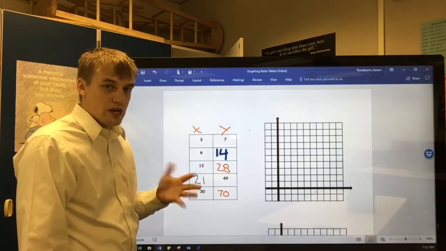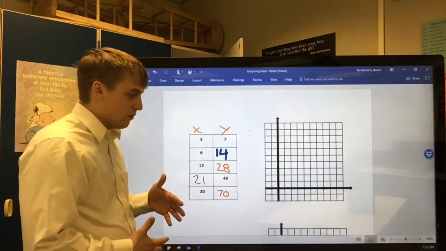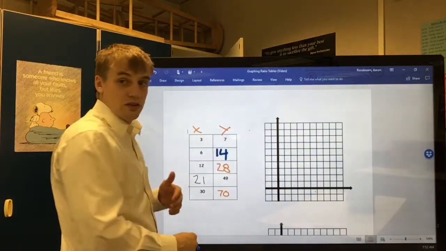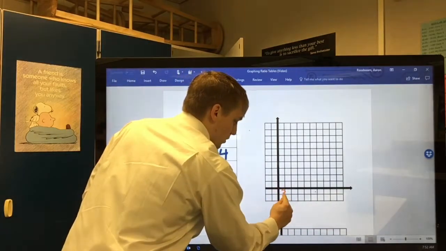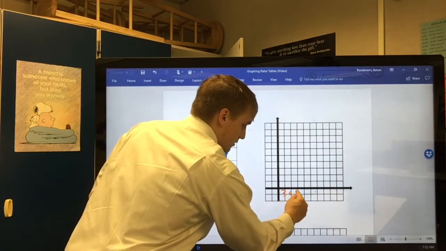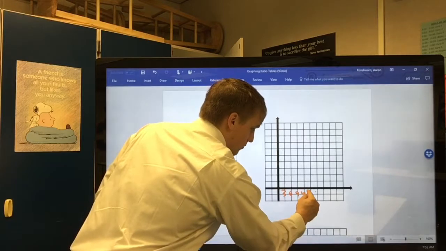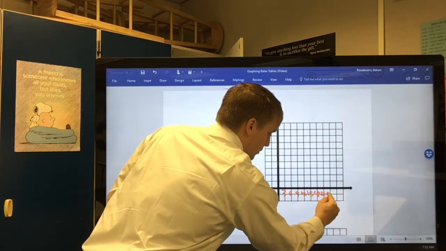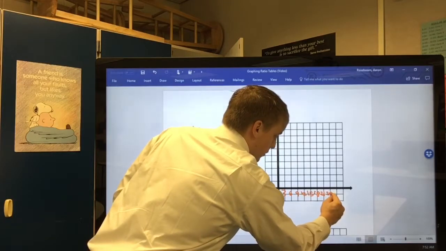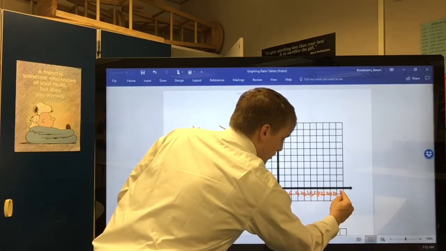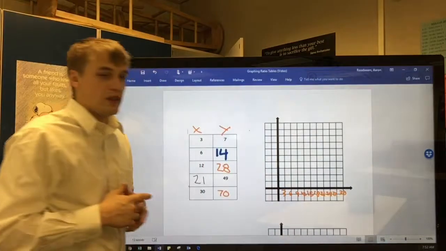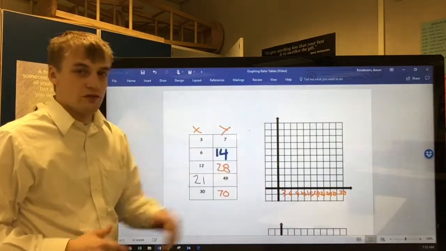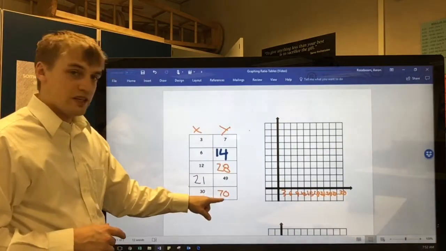You could also do 5s, you could also do 10s, but I like to try to get it so it fits the entire graph. So I'm going to write 3, 6, 9, 12, 15, 18, 21, 24, 27, and 30. Now I'm going to write my increments for the y. I have to get all the way to 70.